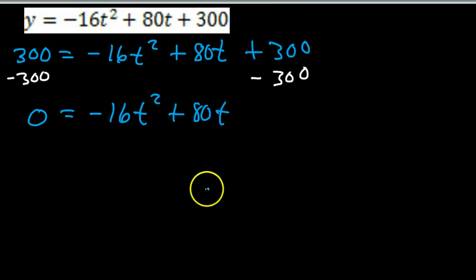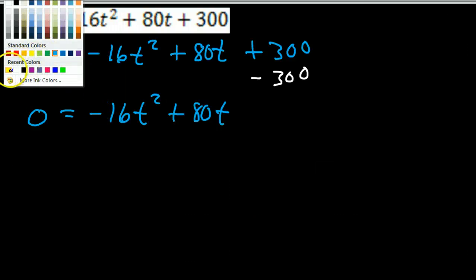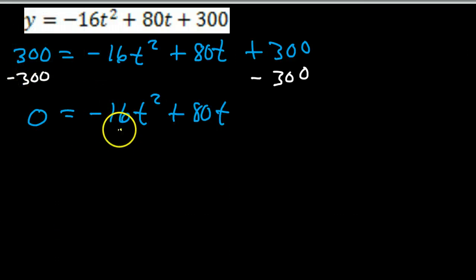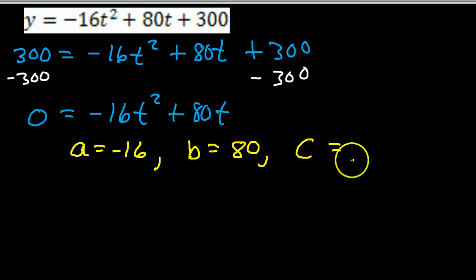So I'm using the quadratic formula to solve this thing. Be careful. We need to keep track of what A, B, and C is. So this is A, of course. Alright, so A is negative 16. B is 80. But what's C? Alright, I don't see the C. It used to be 300, but then we subtracted. Yeah, C is 0. So just be conscious of that.